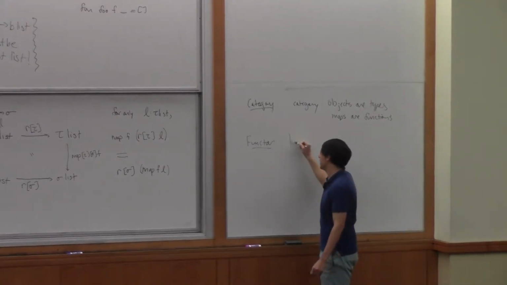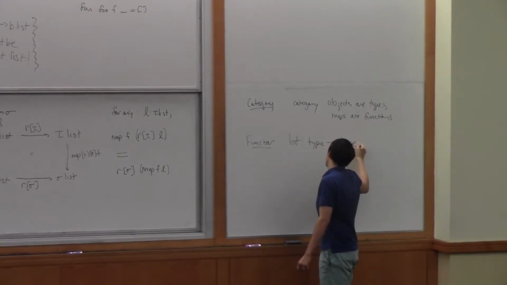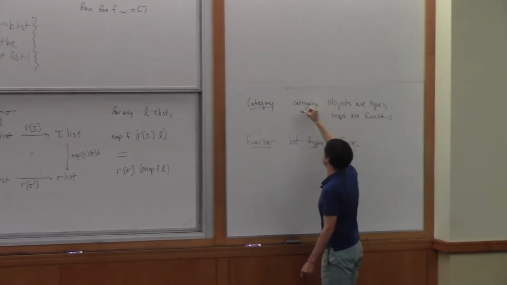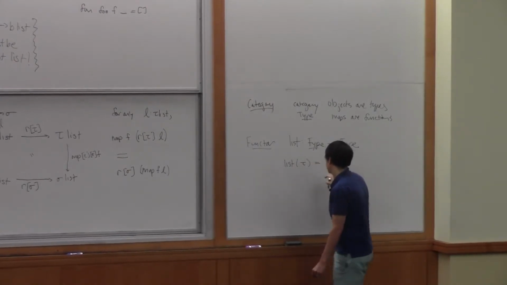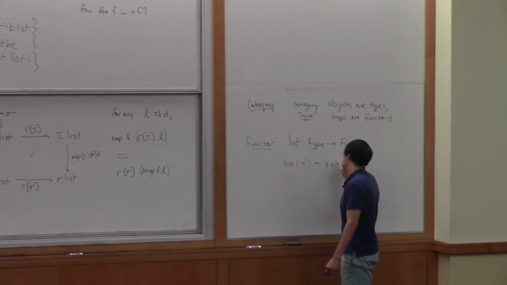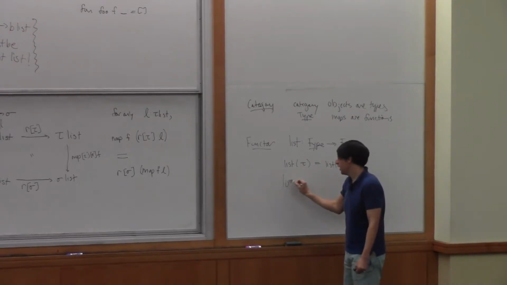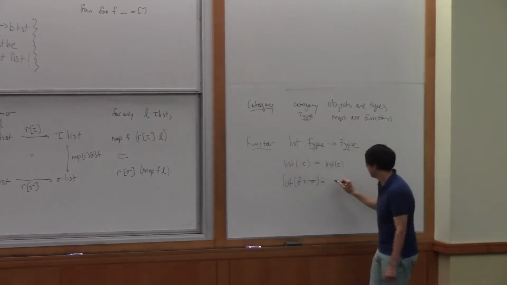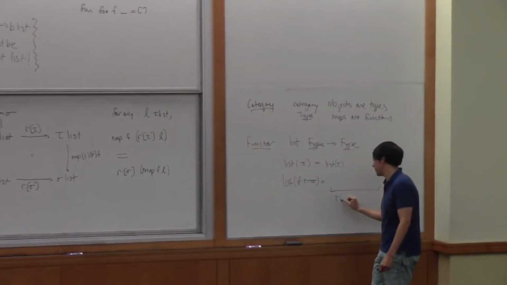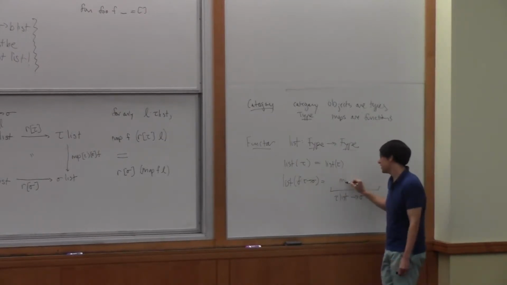And in particular, list will be a functor from types to types, if I write type for this category, because list sends an object that is a type tau to a type, list of tau, right? And list also sends a function from taus to sigmas to a function from tau lists to sigma lists. Well, what function is that?